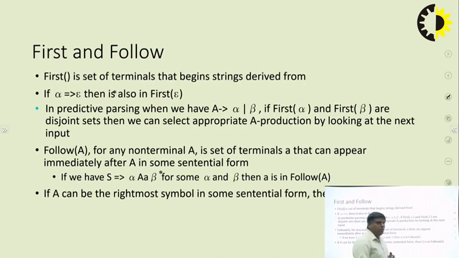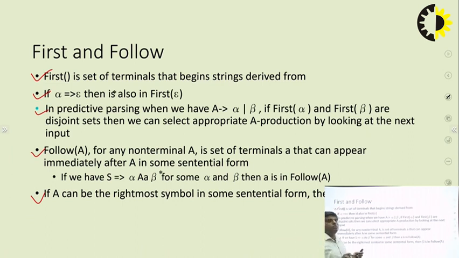Now we move to how to compute the first and the follow of the given context-free grammar. There are mainly five rules by which we can compute the first of any given context-free grammar. Now, what is the first?